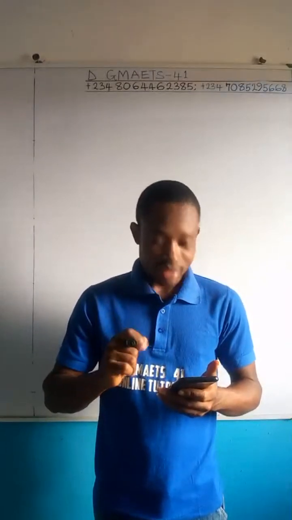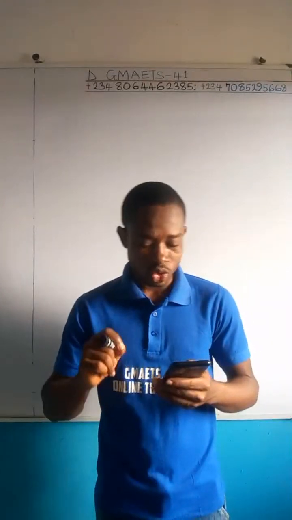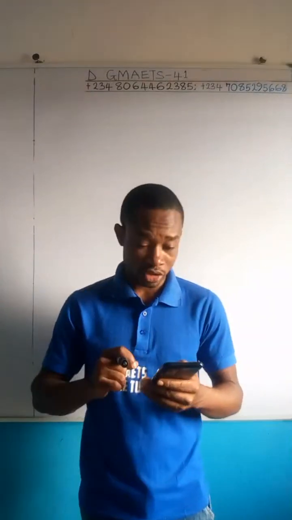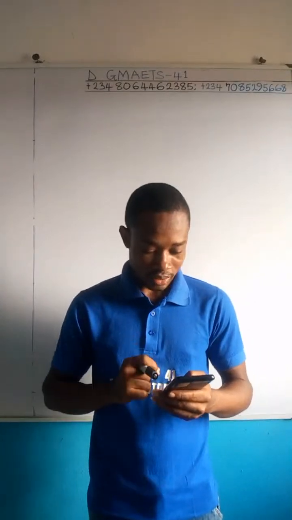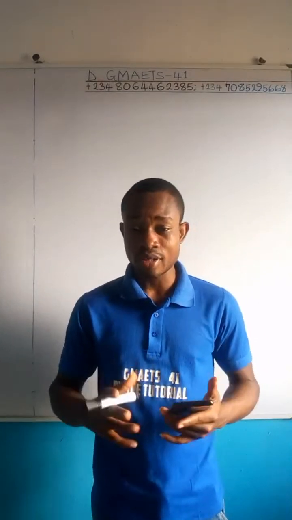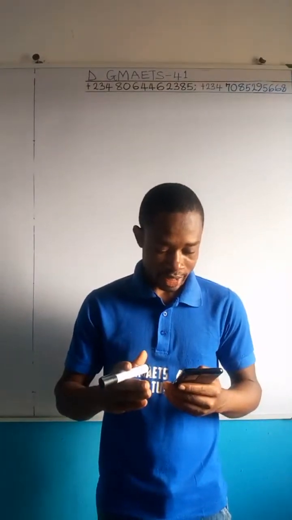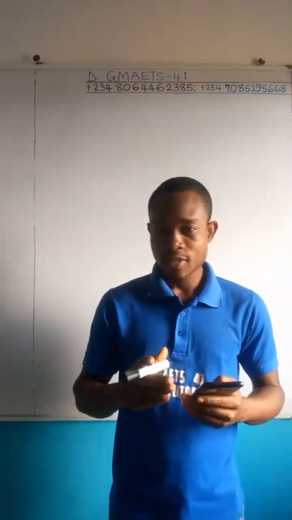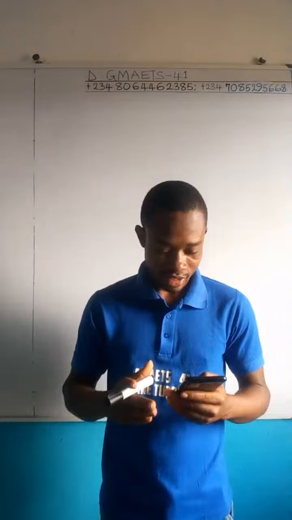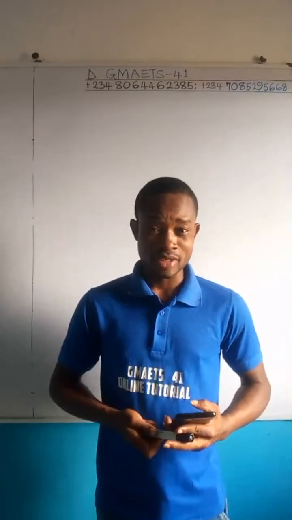An element X has 127 neutrons and 82 electrons. Its atomic number is A, 209, B, 105, C, 45, D, 82. I'm going to read it again.